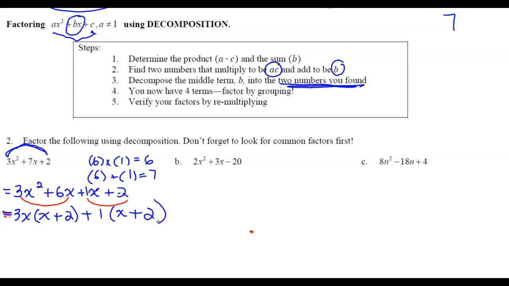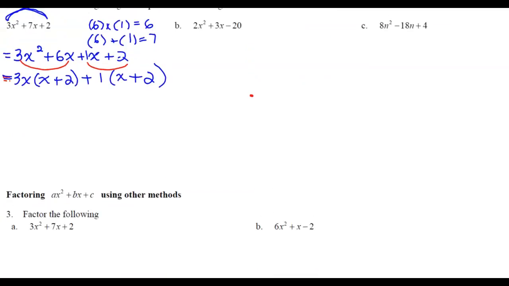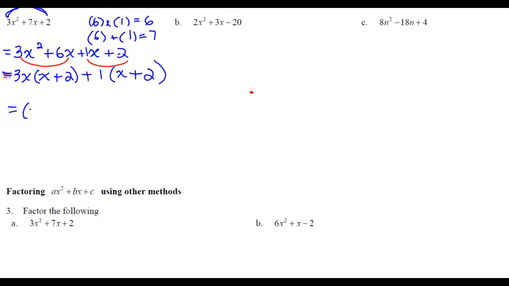Now look at those brackets. Are the brackets the same? Yes. That means you chose the numbers correctly. If they're not the same, you did not choose the numbers correctly, and you need to go back and think again. Or maybe you can't factor it. Okay, so now when I factor out the x plus 2, just like we were doing, so hopefully you've done your homework, we're dividing everything by that greatest common factor of x plus 2.